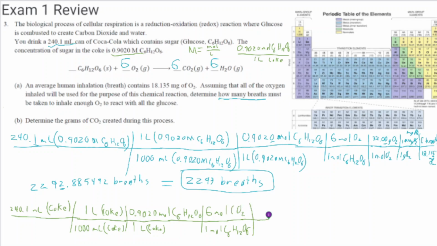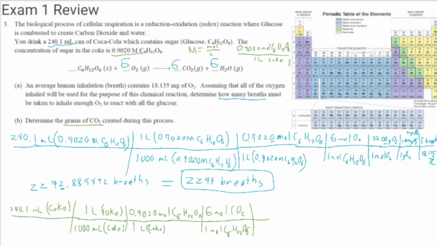And since it's asking for grams of CO2, I need to convert this to grams. So I'll look at our periodic table. And when we look at carbon, we see that's 12.01. And so we'll have 1 carbon, so 12.01, plus 2 oxygens. So I have 16.00 multiplied by 2. Add all that up.